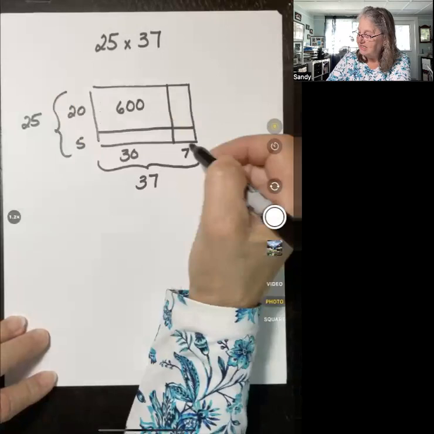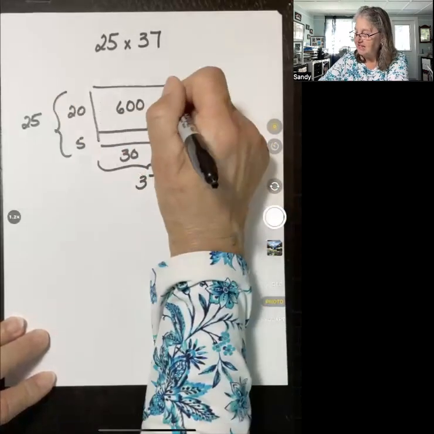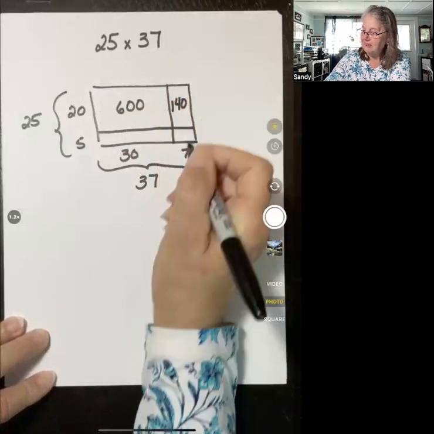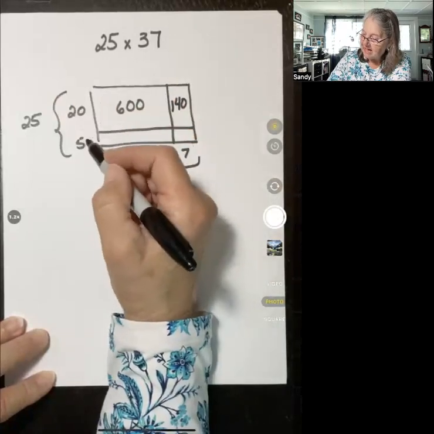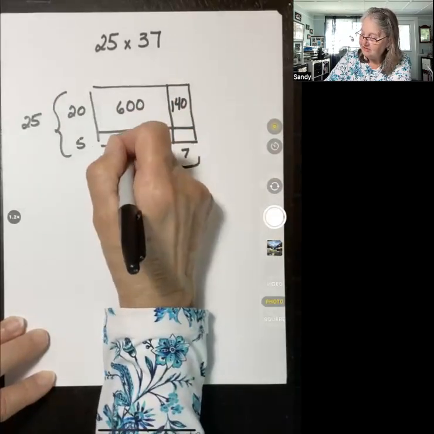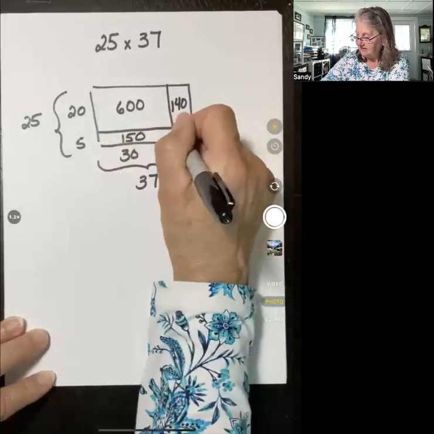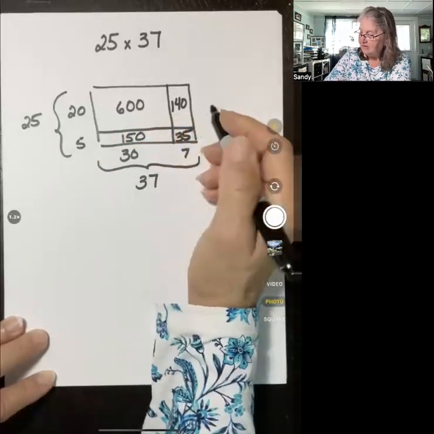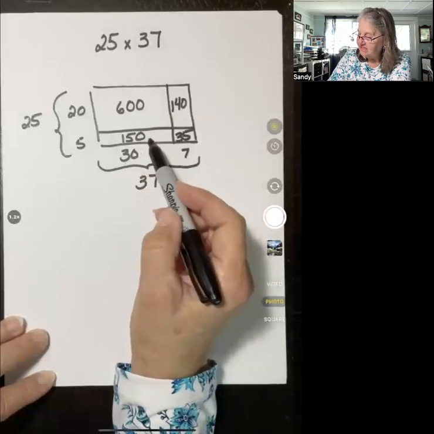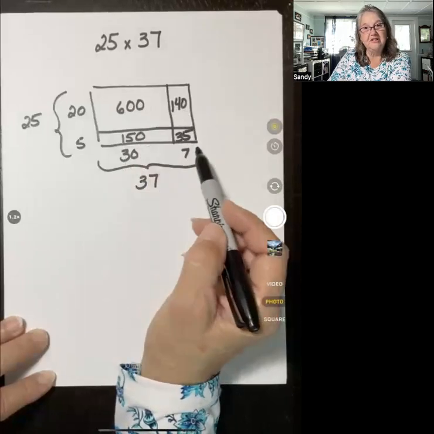I have a 20 by 7 rectangle, that's 140. I have a 5 by 30 rectangle here, 150. I have a 5 by 7 rectangle.